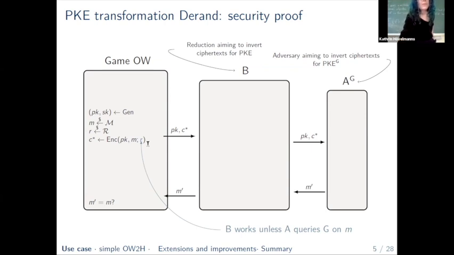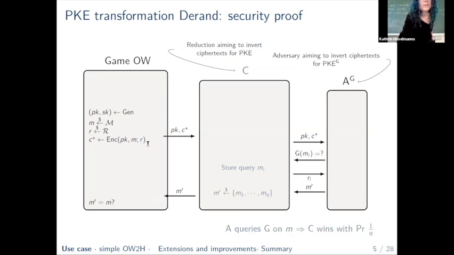So what do we do there? What we do there is to give another reduction, which we call C. And C will receive the random oracle queries issued by A, store them into a list, answer via lazy sampling, and in the end it picks one of the queries at random and outputs this as its guess.